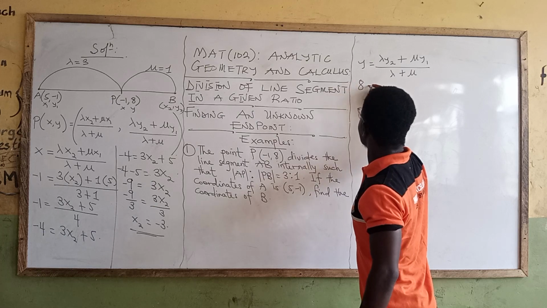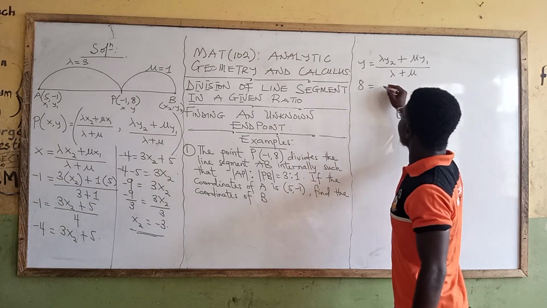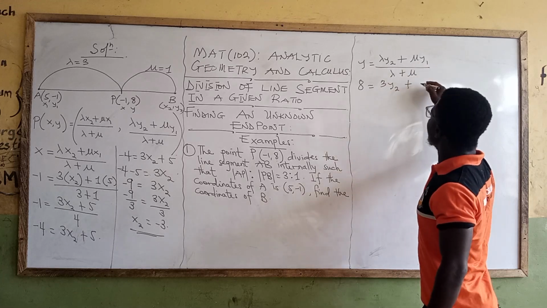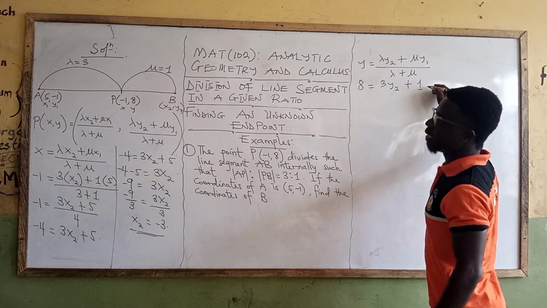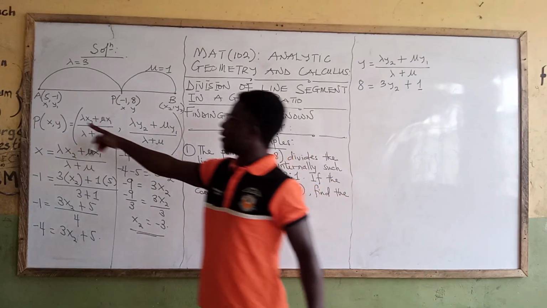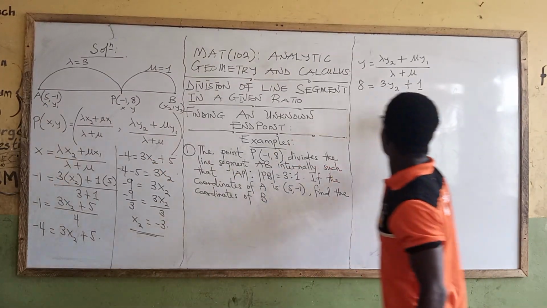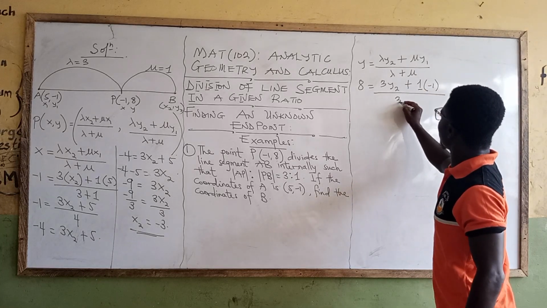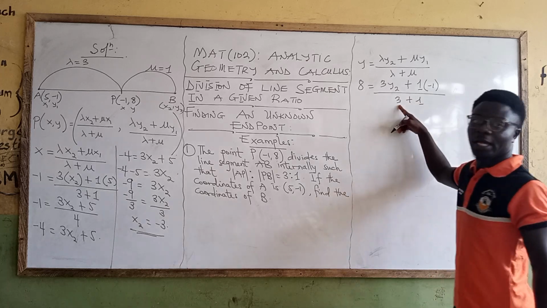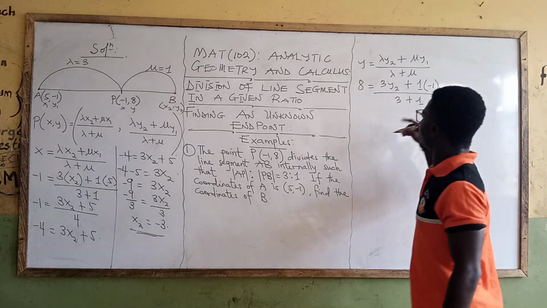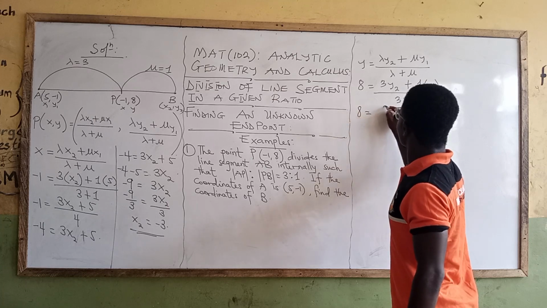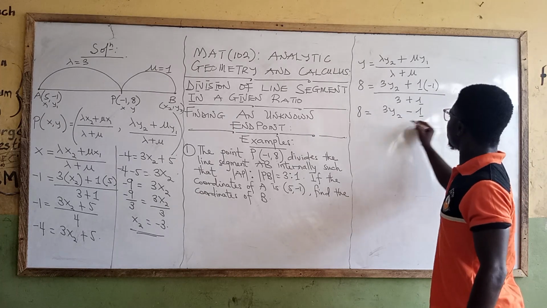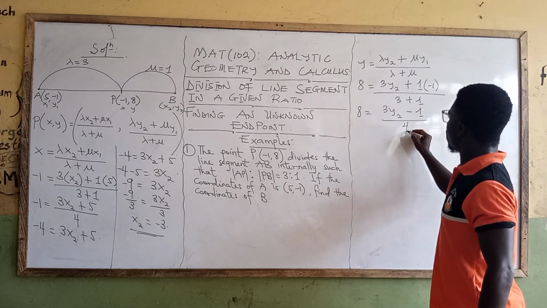So I get 8 equals my lambda, which is 3, times y2, which I don't know, plus my mu, which is 1, times my y1, which is negative 1, divided by 3 plus 1, which is lambda plus mu. We add them. So I get 8 equals (3y2 plus 1 times negative 1), we obtain negative 1, divided by 4.